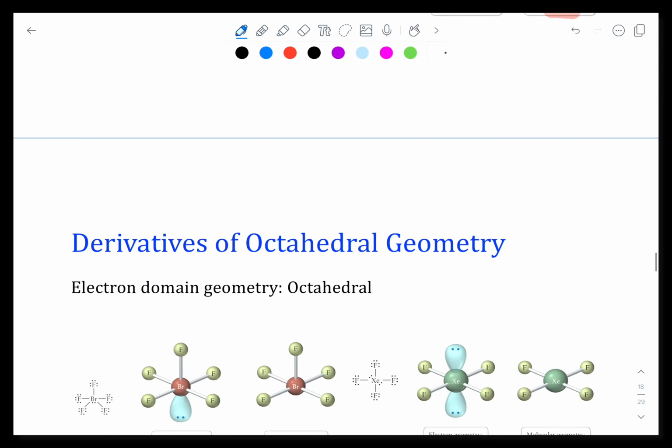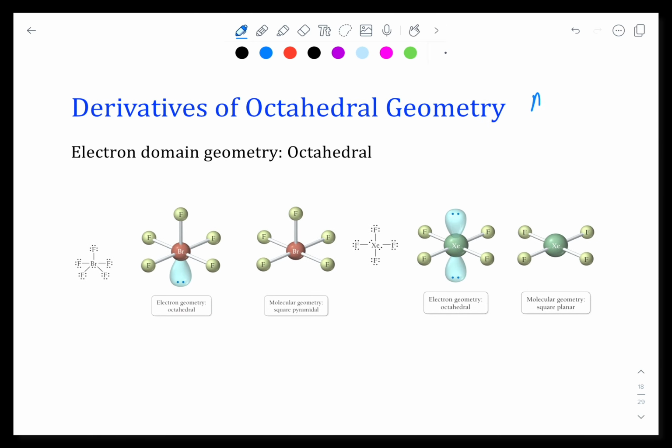Now we're going to look at our AB6. So our lone pair gets added on. It doesn't matter where because all of the bond angles are the same. So we went from octahedral when we added that lone pair. So now we have 1 lone pair and 5 bonds. So still 6 electron domains for an octahedral electron domain geometry.